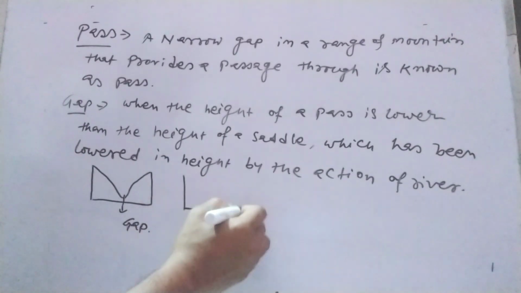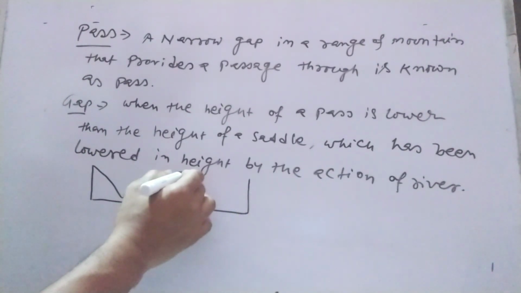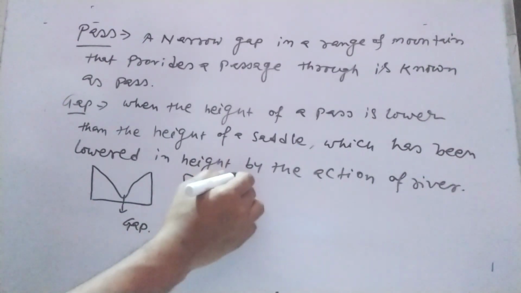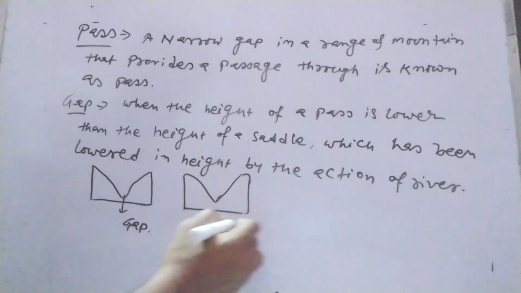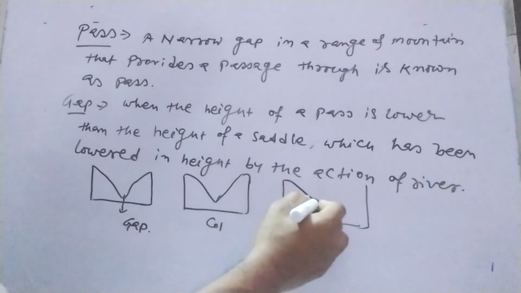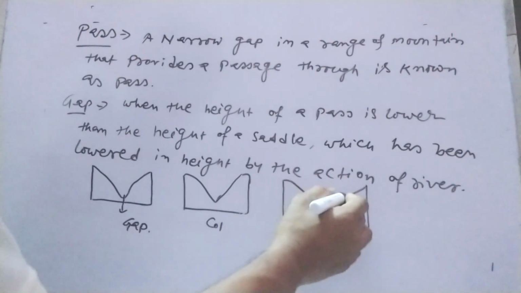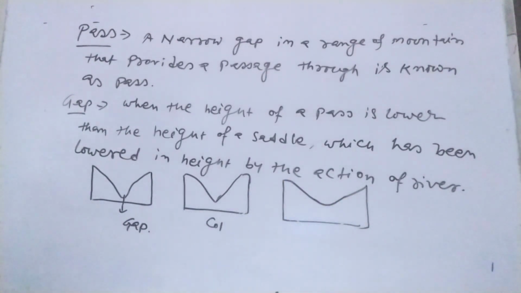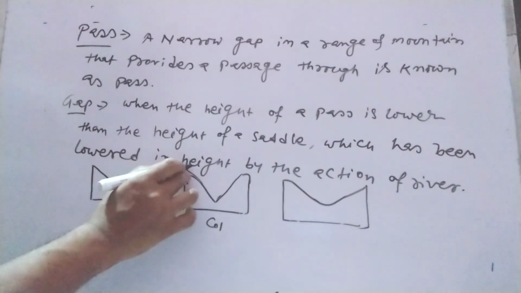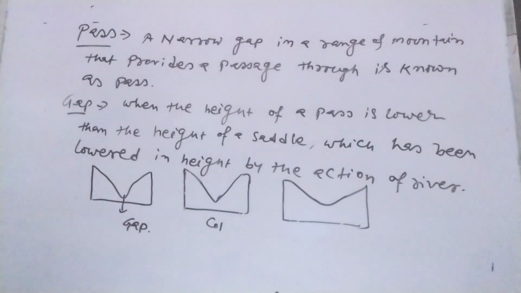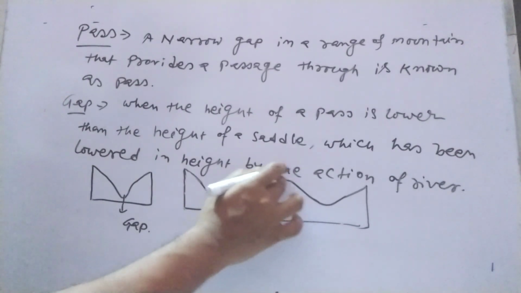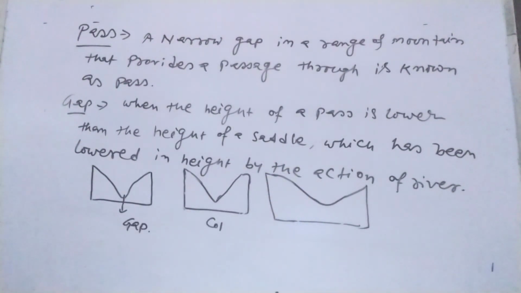This is col. And what about saddle? That is the basic difference between col and saddle. Look, there is steep sided and very steep slope, and where is gentle slope, right? This is gentle slope.